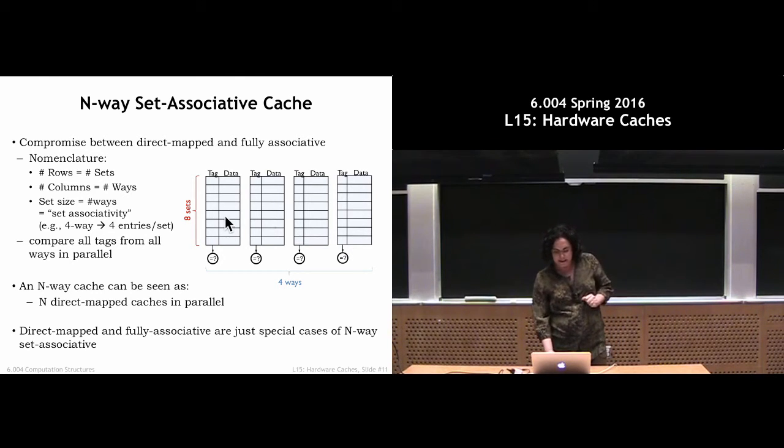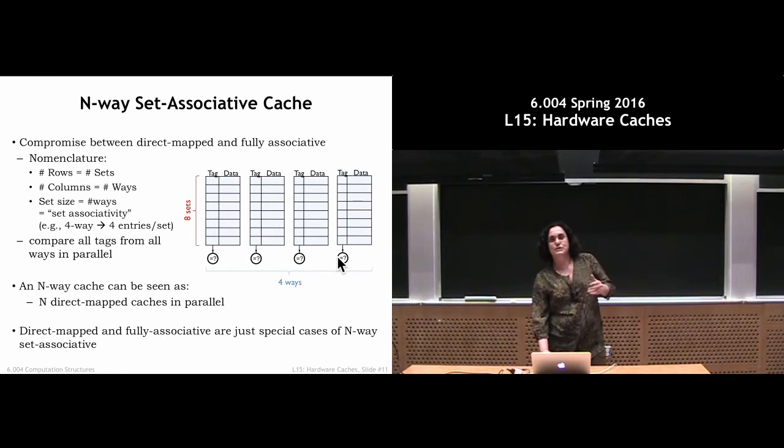So what's going on here is that your index is going to pick a line, which we call a set, okay? And in this set, you'll have 4 possible ways or 4 possible places that you could pick in order to put your piece of data, okay? So what does that mean in terms of my comparators?